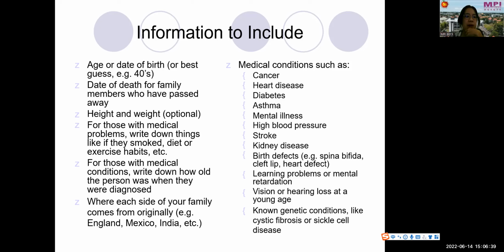Then the medical problems you have, for example smoking, diet, or exercise habits, and medical conditions such as cancer, heart disease, diabetes, asthma, mental illness, high blood pressure, stroke, kidney disease, birth defects like spina bifida, cleft lip, heart defect, learning problems or mental retardation, vision or hearing loss at a young age.